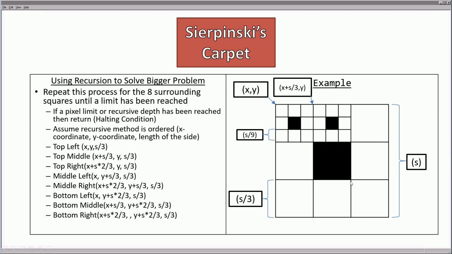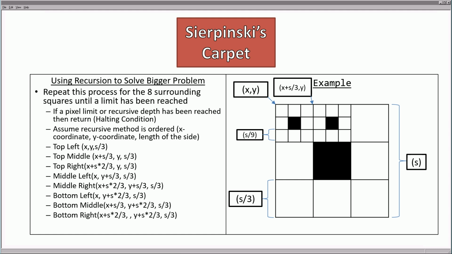Now we have to figure out where this starting coordinate is, which in this case is given this x. This is x plus 2/3 of this, and y plus 2/3 of this side. So this is where this x and y starts right here. Now given this 2/3 plus 2/3, we can now add 1/9 and 1/9 in order to draw that center square.